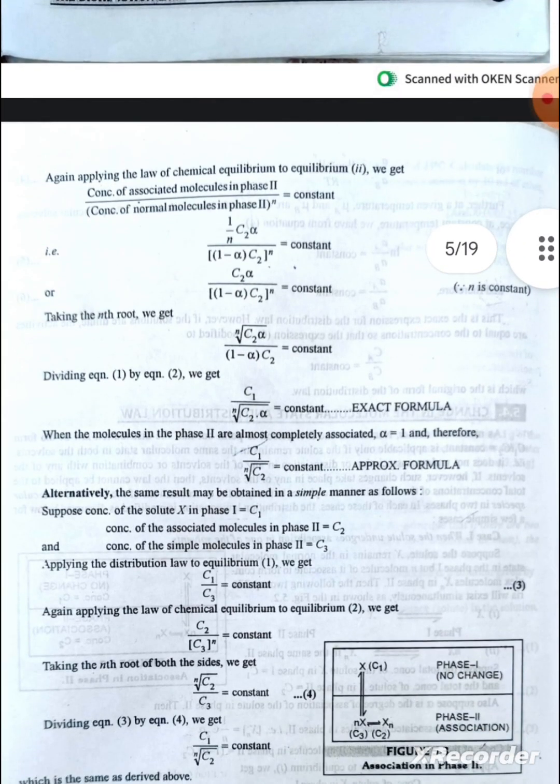Again, applying the law of chemical equilibrium to equation 2, we get the concentration of associated molecules in phase 2 divided by the concentration of normal molecules in phase 2 raised to the power n is equal to a constant. That is, C2 alpha / ((1 minus alpha) C2)^n equals constant.